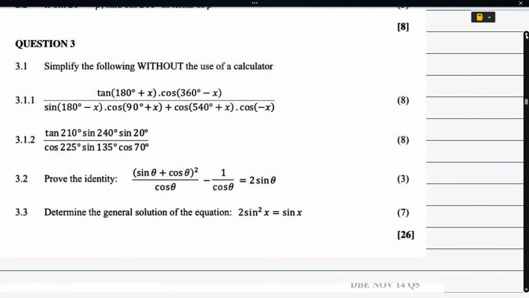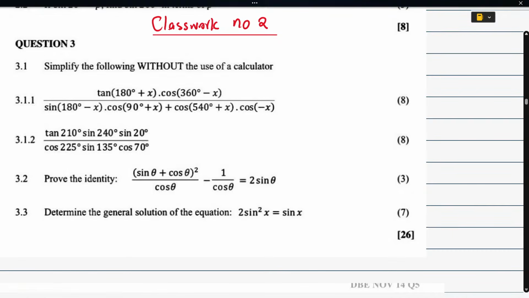Classwork number 2. This one I'm giving you roughly, don't be scared by 3.3. These are free marks, my kids. I hope you are going to enjoy these marks, all of them.